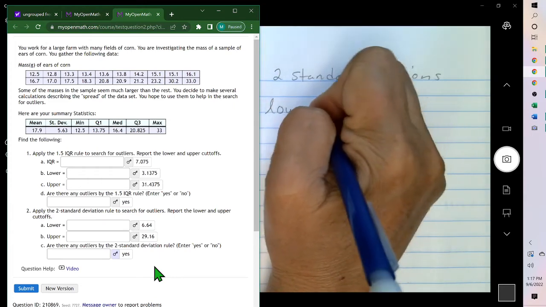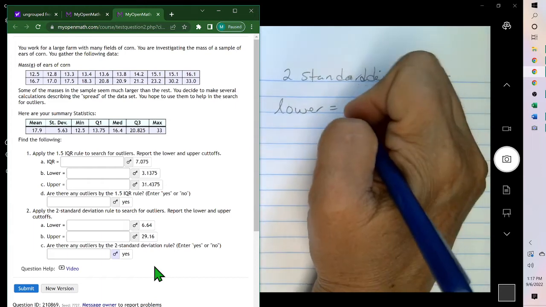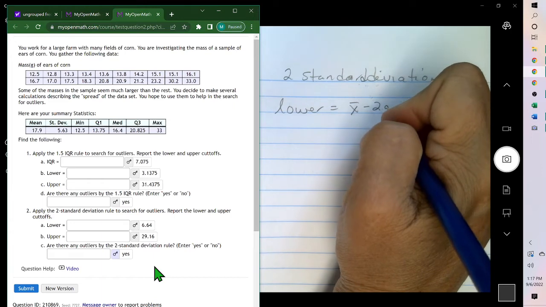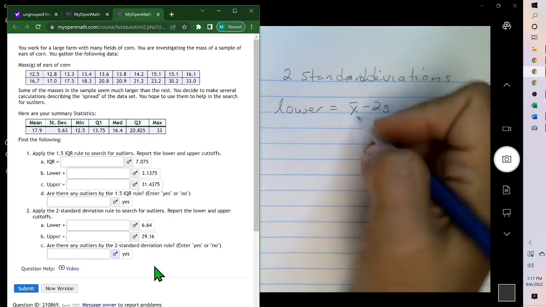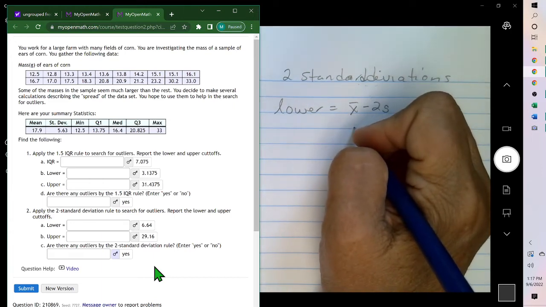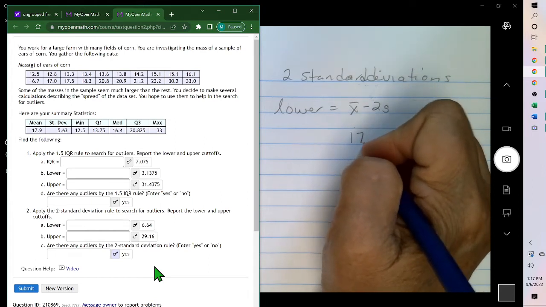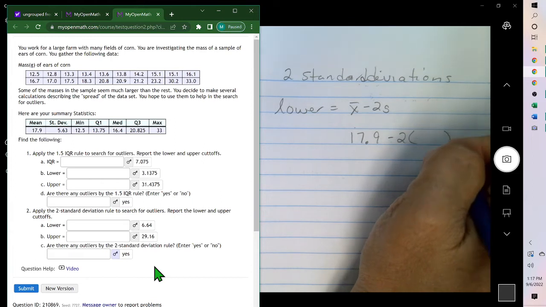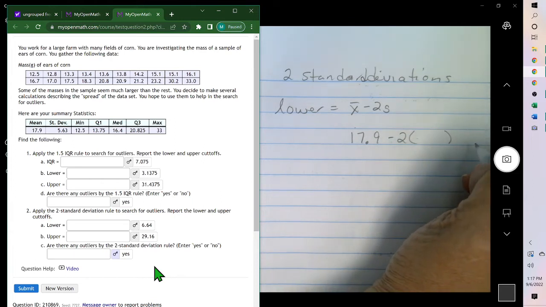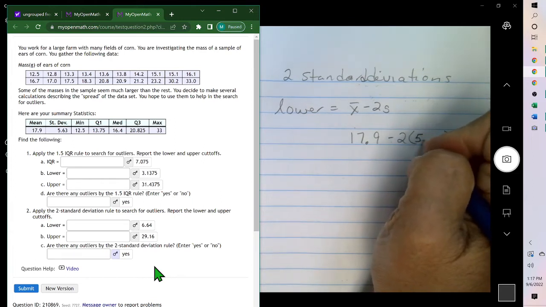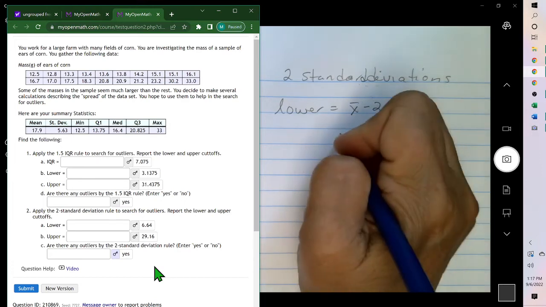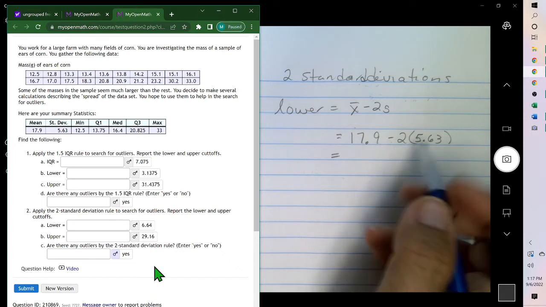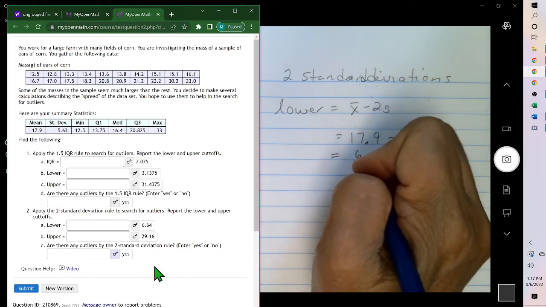So the lower is the mean minus 2 standard deviations. Our mean was 17.9, again getting it from the table, minus 2 times the standard deviation, which was 5.63. And if we calculate that, you should get 6.64.